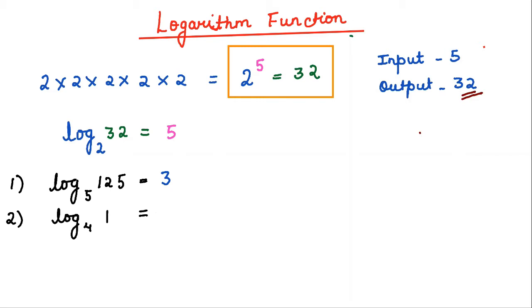In a way, I'm asking you, if you write this in exponents, to what power should we raise 4 so that we get 1? So 4 to the power what will give you 1? That means 4 raised to power 0 will give you 1. So the answer is going to be 0, right?